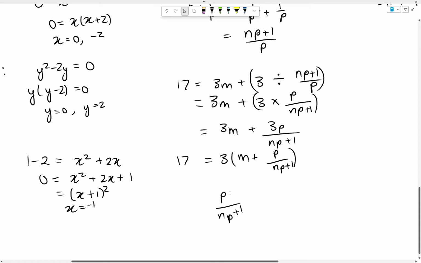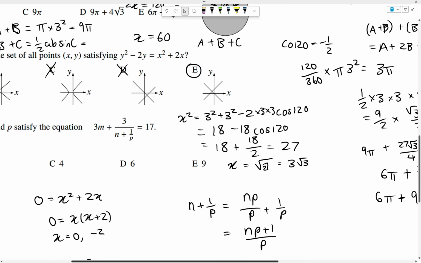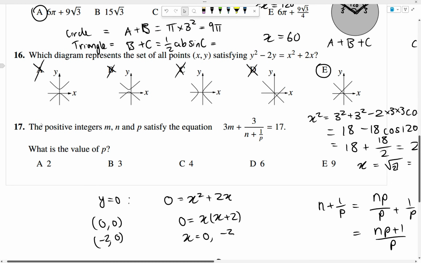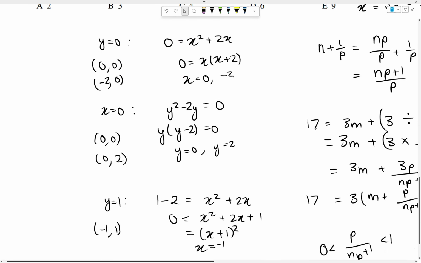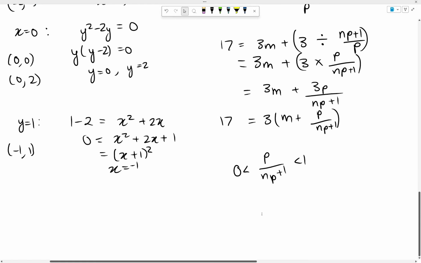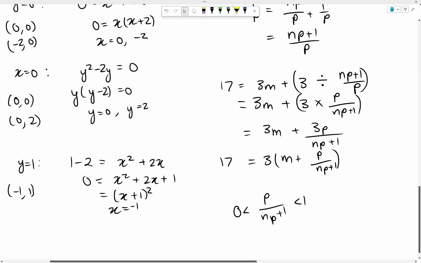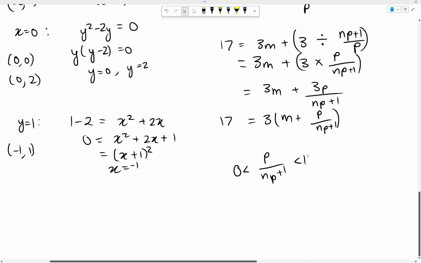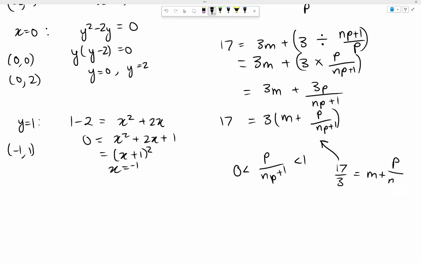So this means that the fraction is between 0 and 1, which is because they're positive integers. So both the denominator and the numerator are positive. So together it's between 0 and 1. And if on this equation I divide both sides by 3, we get 17 over 3 is equal to m plus p over np plus 1.